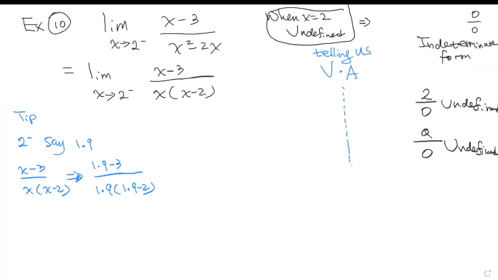We're just going to check the plus and minus signs, okay? So the numerator, we get negative, right? Denominator, 1.9 is positive, 1.9 minus 2 is negative, right? Can you see that? Then this is two negative signs, which is positive. So for the vertical asymptote, positive means positive infinity.